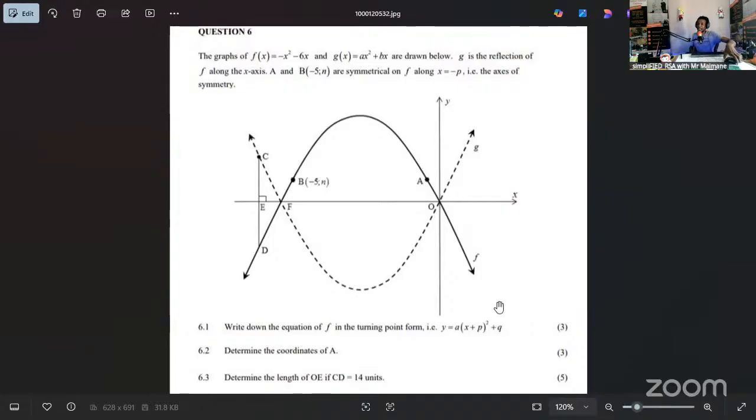Otherwise, I know that when it comes to completing a square, you guys master it. What we're supposed to be doing there, everyone got this step very correct, and I'm happy. So since we are given f of x is equal to minus x squared minus 6x, first of all, you don't want to have anything attached to x squared.